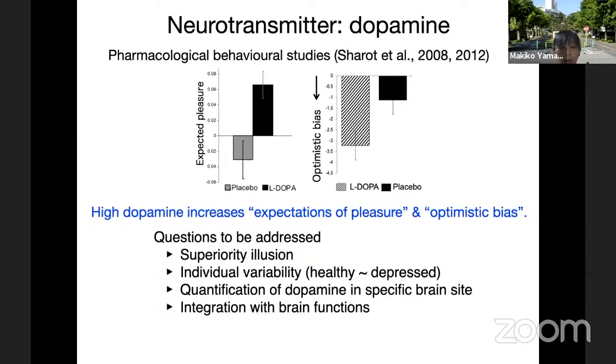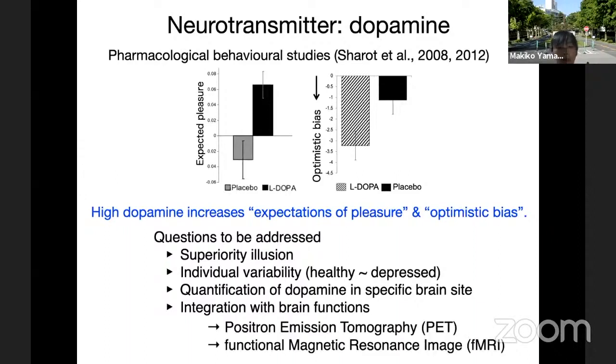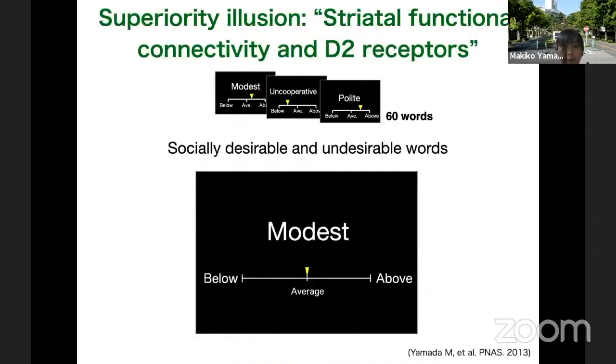Therefore, we are using PET to specify the dopamine receptors in specific brain sites, and also we are looking for functional connectivities in resting state fMRI. In order to test the degree of superiority illusion, we used socially desirable and undesirable words.